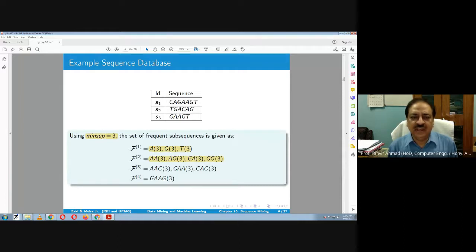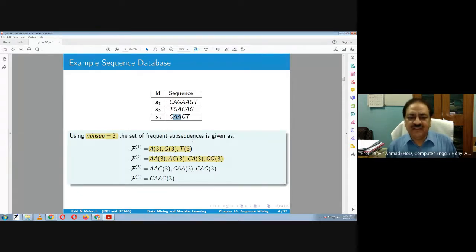Why? You see that A is here, and A is also here. Then you find AA is here. Similarly, AG, GA, and these 4 sequences are of size 2.